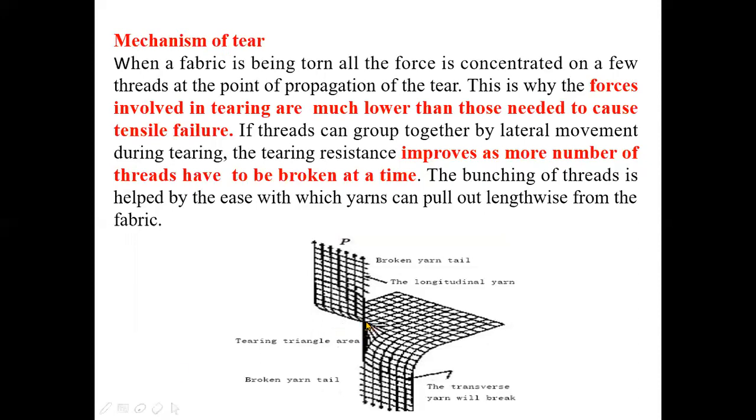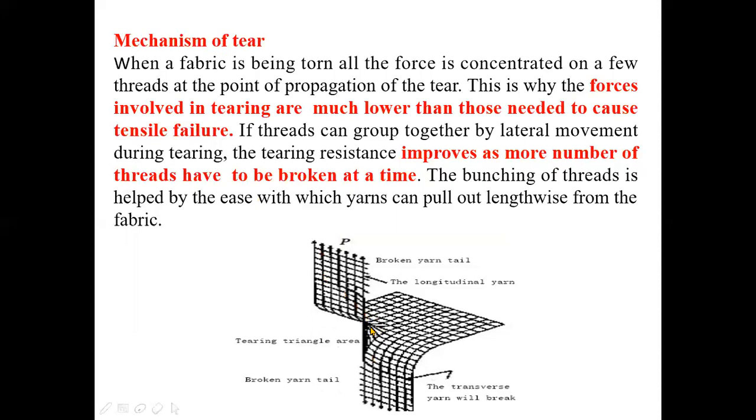That means if yarns are very much free to move, then more and more yarns may come into the direction of the tear, and the tearing strength will be more.